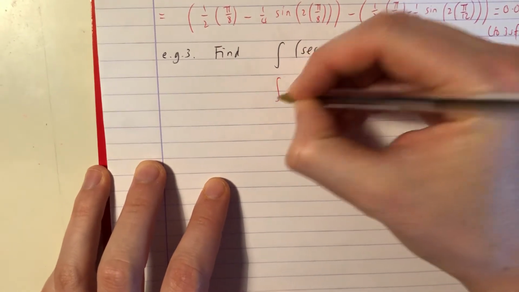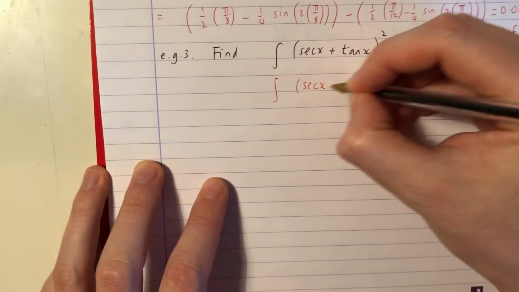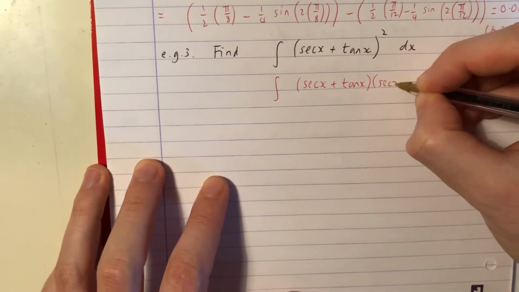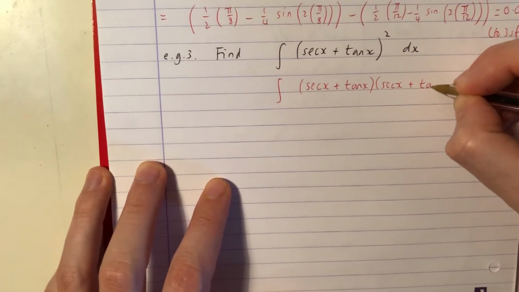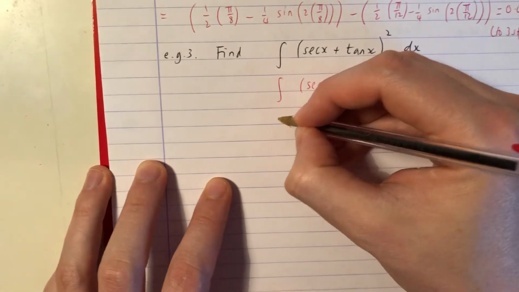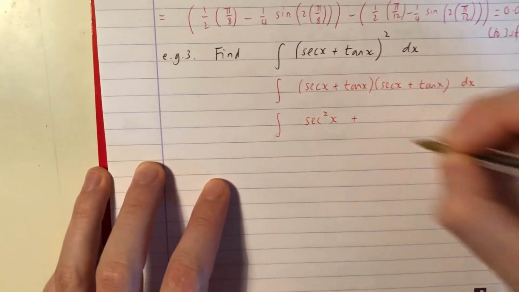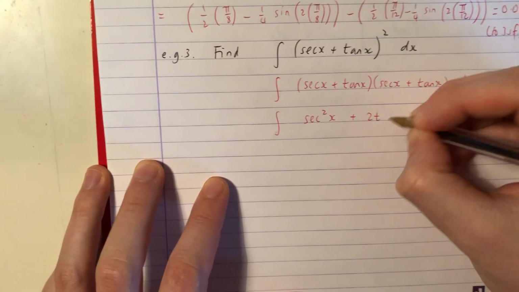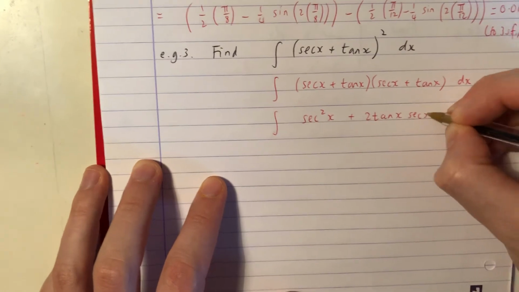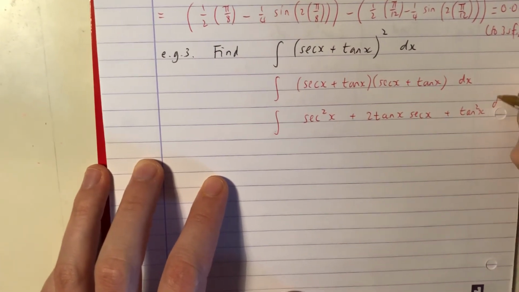So integrate, I'm going to do the extra step because some of you will forget a couple of terms in the middle. So (sec x plus tan x) written out twice, and that simplifies to sec squared x plus 2 tan x sec x plus tan squared x dx.